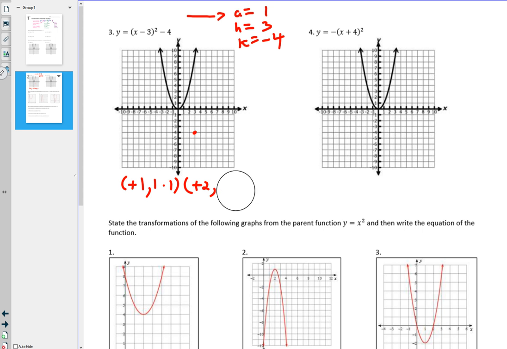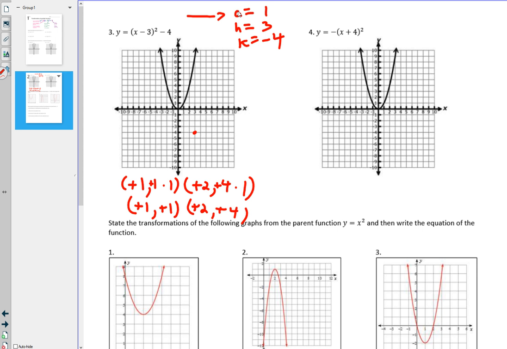So what's 2 squared? 4. So we end up going 1 to the right, 1 up, 2 to the right, 4 up. Just understand this method only works if you're going to count from the vertex.